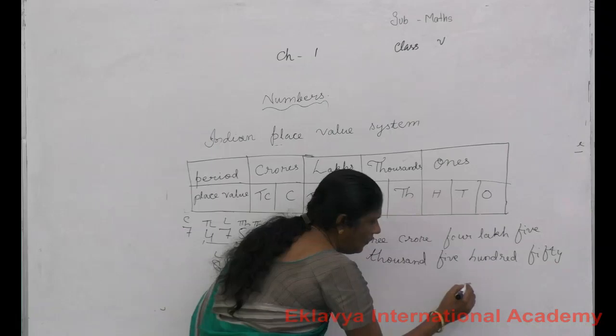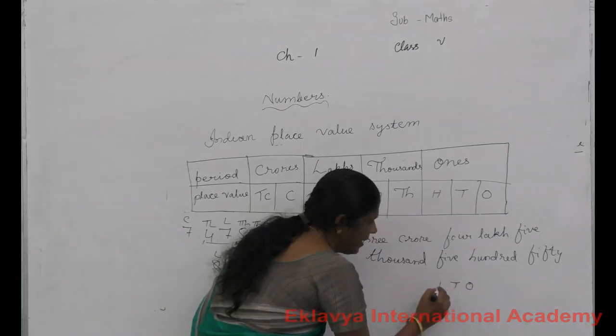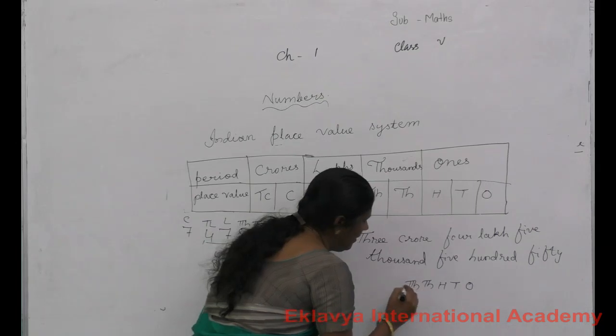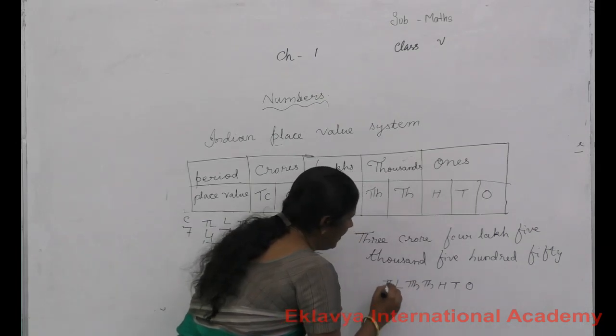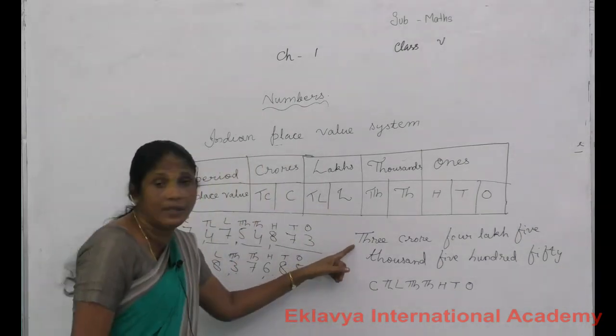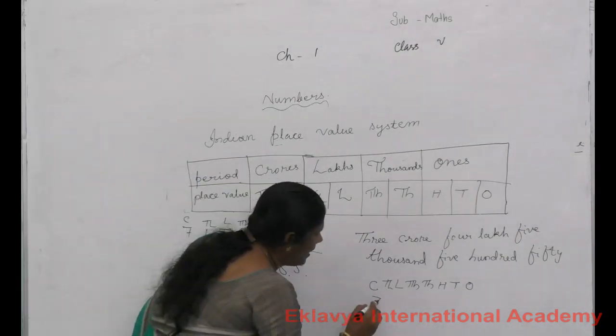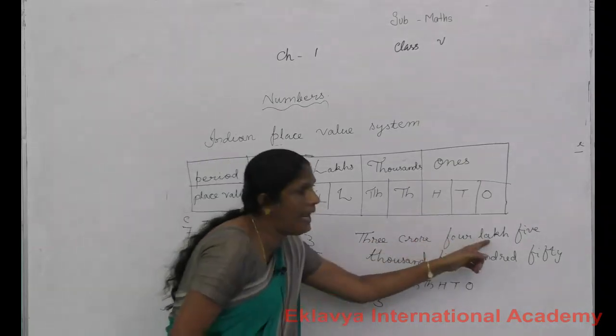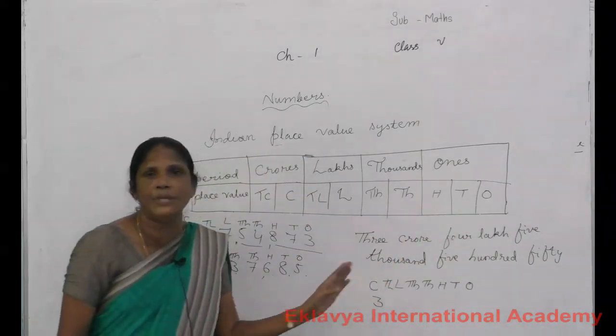Then you write ones, tens, 100, 1000, 10,000, lakh, 10 lakh, then crore. Then how many crores? 3 crore. You write 3. 4 lakh, 10 lakh is missing.